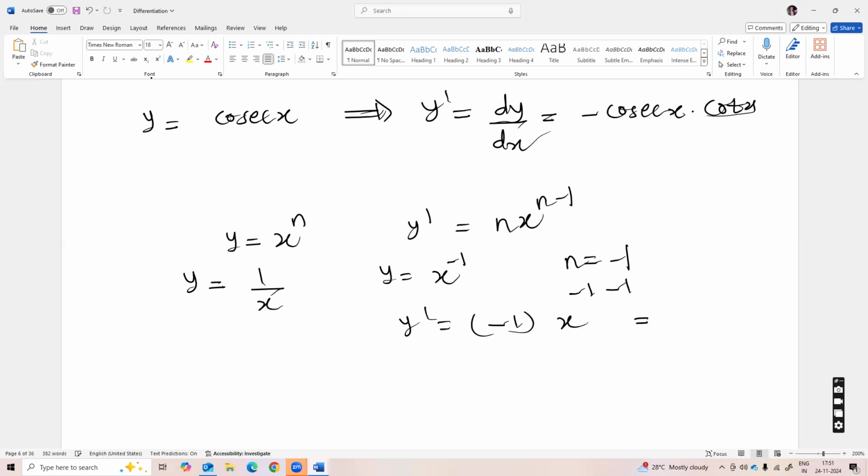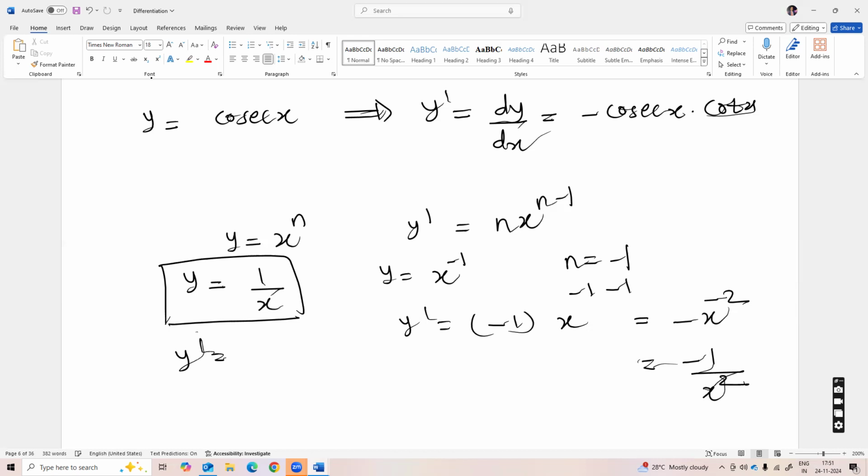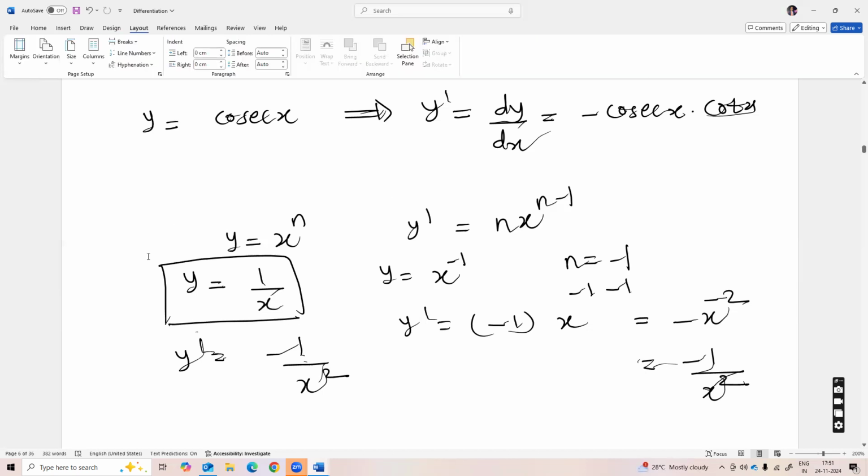So it will give you minus x to the power minus 2, or you can write it as minus 1 upon x square. Okay. So the derivative of y equal to 1 by x is given as y dash is equal to minus 1 upon x square. So whether n is positive or negative, you can use the same formula.